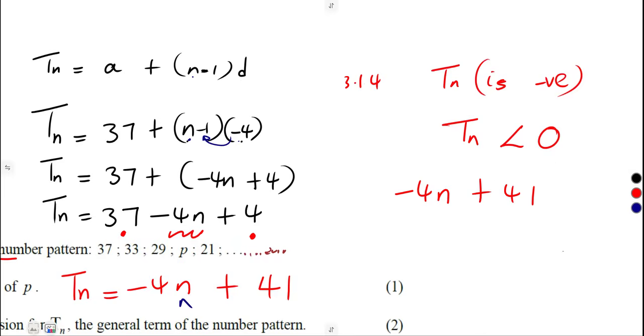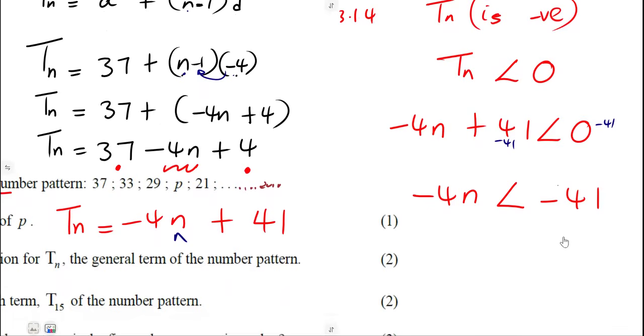So to get a negative, it means it's less than 0. It's an inequality, not an equation. So you solve for n from the inequality. -4n is less than, take the 41 to the other side, it's going to be -41, or just subtract that one: 0 minus 41, that's -41.